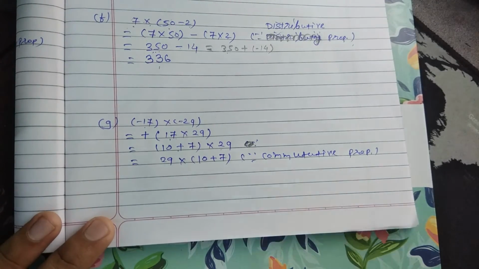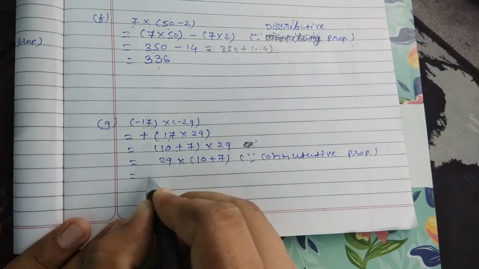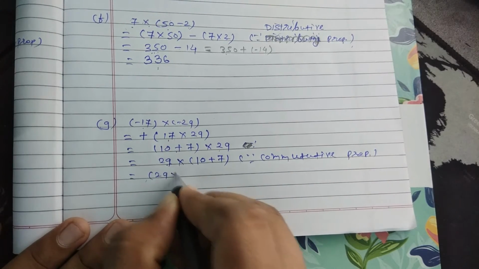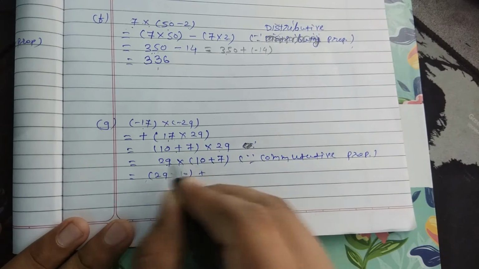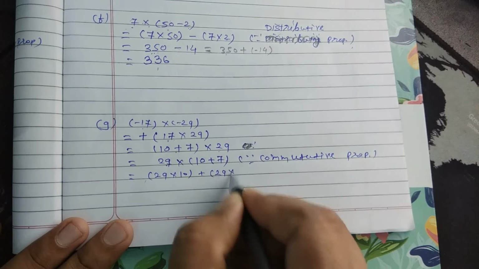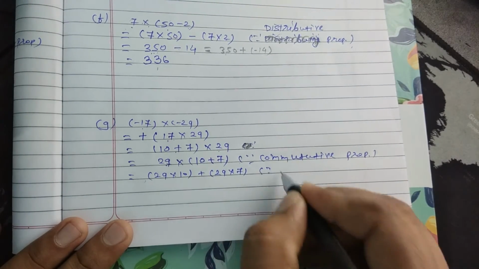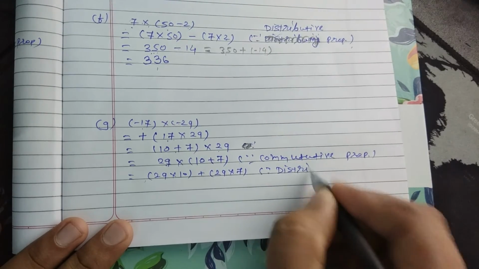Now we will use the distributive property. That is equal to 29 multiplied by 10, plus 29 multiplied by 7. So here we have used the distributive property.